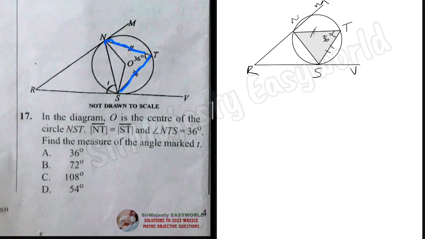These two are equal. So this angle here will be equal to this angle here, based on that law. So therefore T equals 36 degrees. So the correct answer to this question is A. So let's move on to the next question.